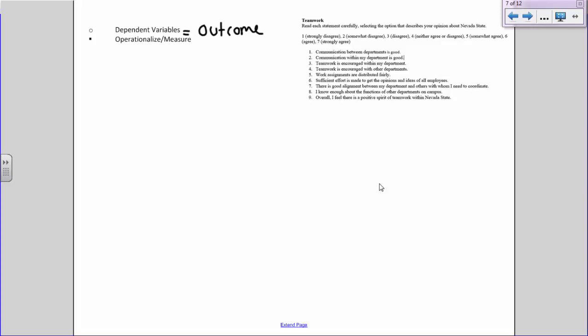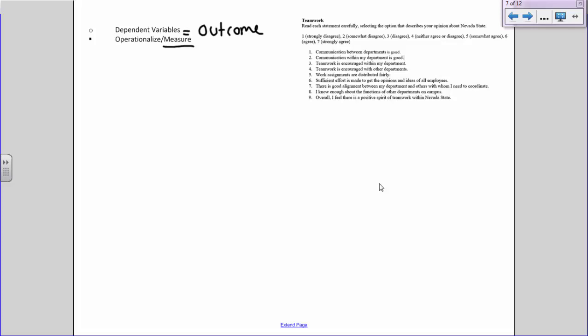So we can think about the dependent variable as the measured impact of a manipulated condition or pre-existing group. So it has to be measured. Okay, so the measured impact of a manipulated condition or a pre-existing group.